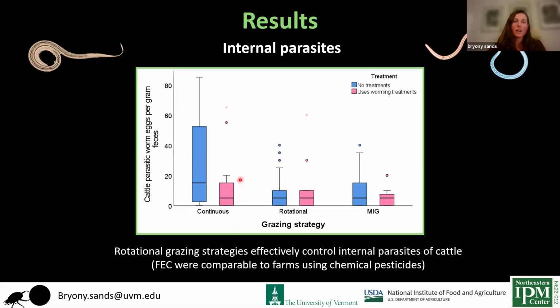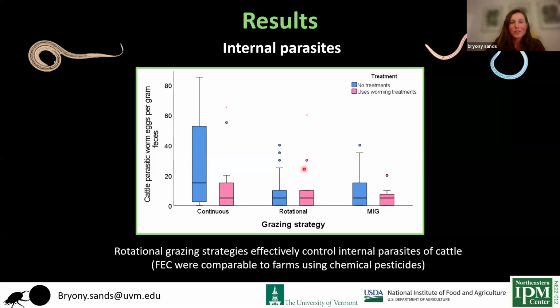So we can see that for farms that were continuously grazing, if they were not using any worming treatments, they had significantly higher risk of internal parasites in their herd, significantly higher fecal egg counts there than the farms that were using worming treatments.